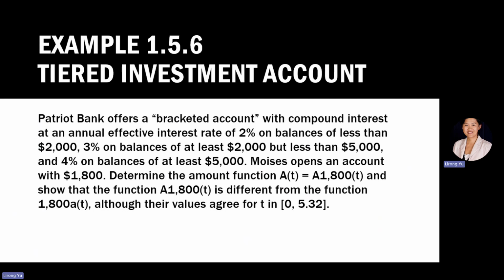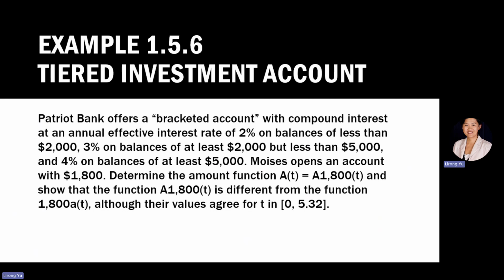So if it becomes a value between 2,000 and 5,000, the interest is 3%. And then if it's 5,000 or more, then the interest is 4%. So you can see as money grows, interest gets more. The more you save, the more interest you have, kind of earning money from your investment.